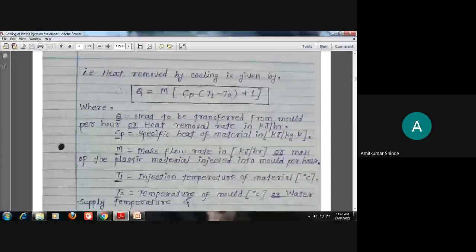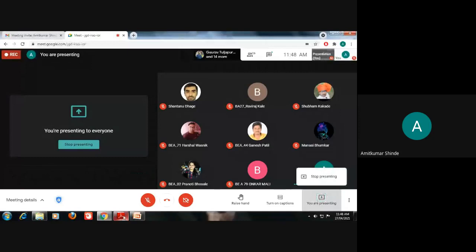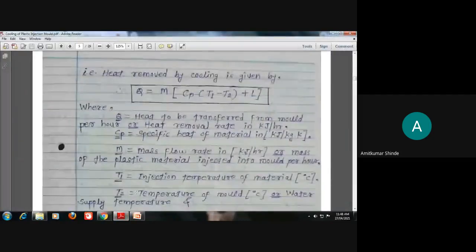This is the rate of heat removal by the cooling circuit.